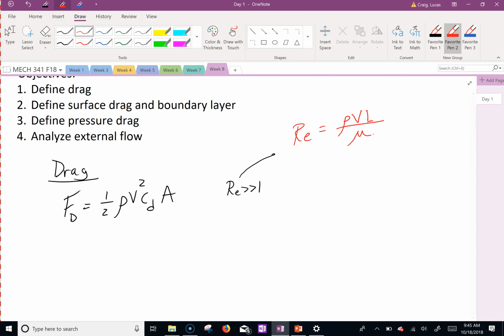And this compared what? What is velocity in terms of energy? Kinetic, or inertia, so it's moving, over mu, which is viscosity, which is friction forces. So it's inertia over your friction force. That's kind of what it relates.